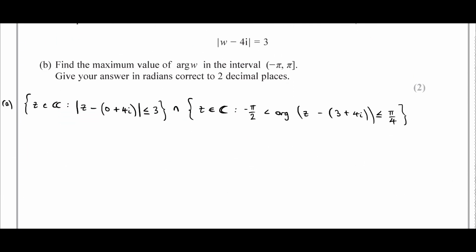And with this from here, we can see that we have a circle with center 0, 4 and radius 3.